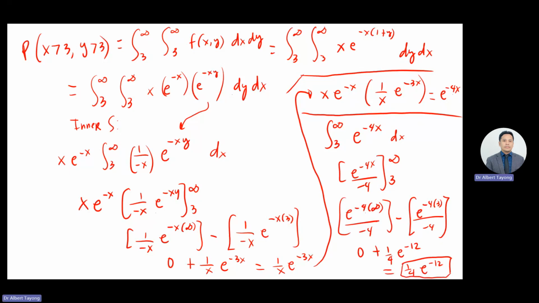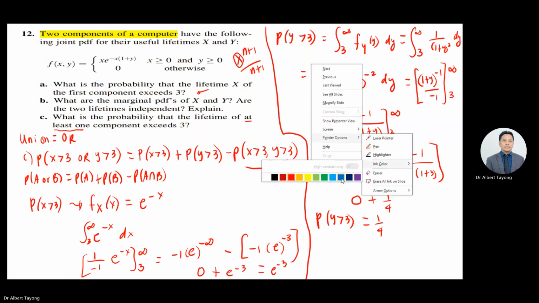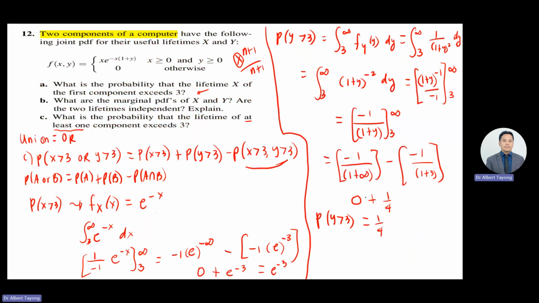Okay, so we have the values already. Using the formula, we have x greater than 3, that is e raised to the power of negative 3. So here I'm going to write the answer. Let me change the color. All right, so let's now replace this with the values. This one is e raised to the power of negative 3.